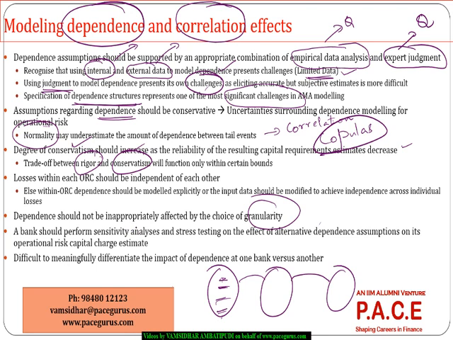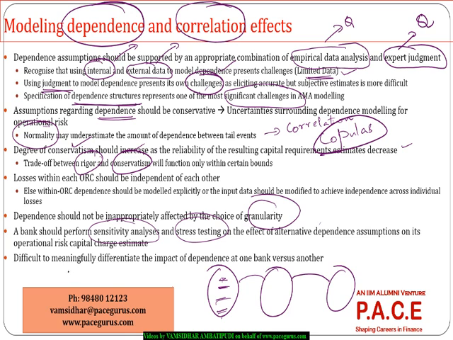And the bank should perform sensitivity analysis and stress testing, assuming different numbers for correlations, dependence between the various ORCs, and based on that it should finally come out with a distribution of the outcomes, and based on that it has to work out the risk measure.